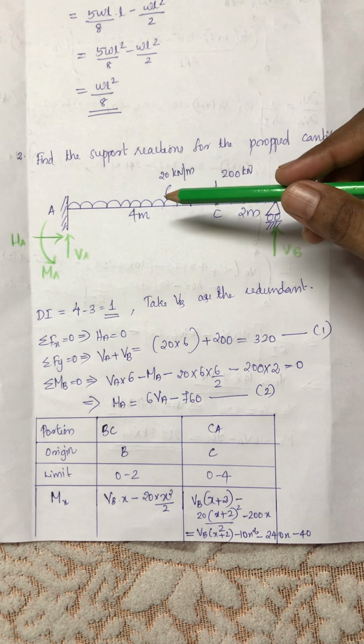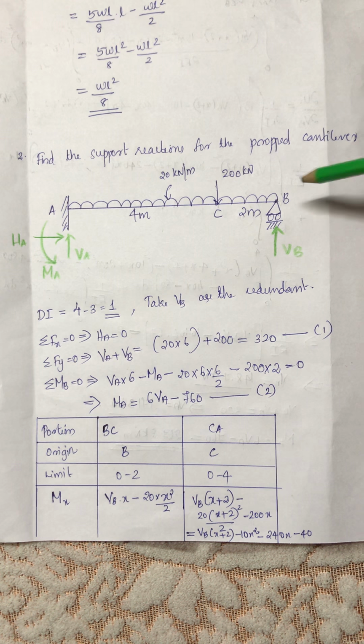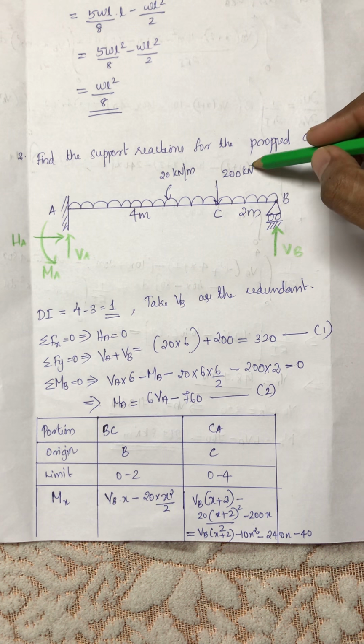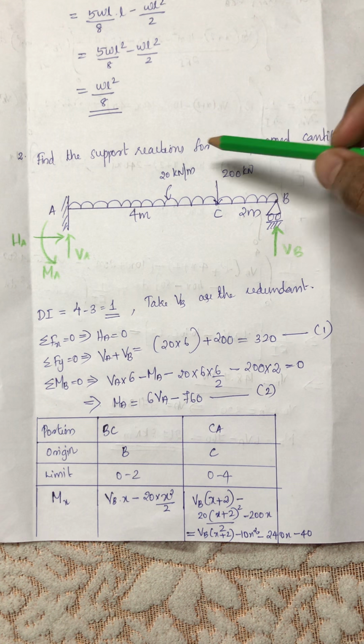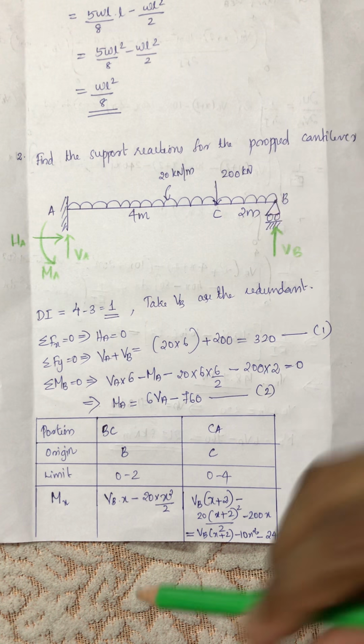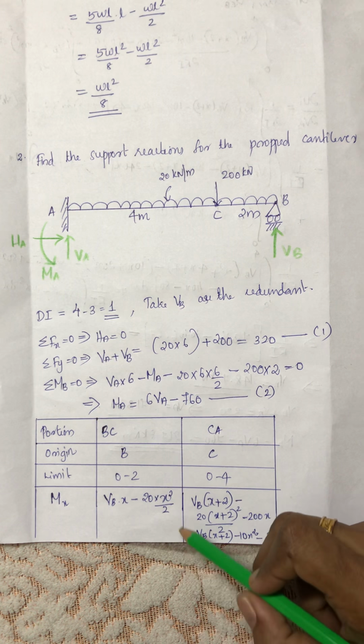Okay, now we have to take the moment about the section line. So consider a section line at a distance h from the support B, and we will get the equation for MH as VB into h minus 20 into h into h by 2. That is VB h minus 20h square by 2.